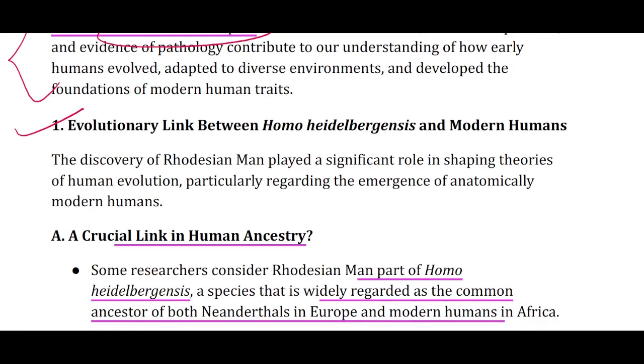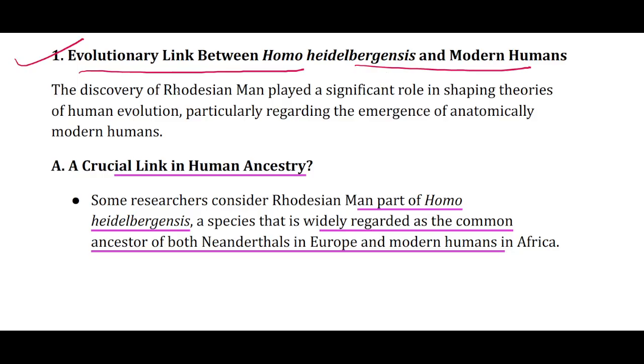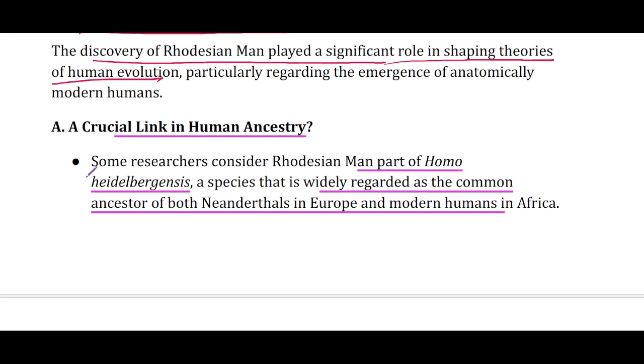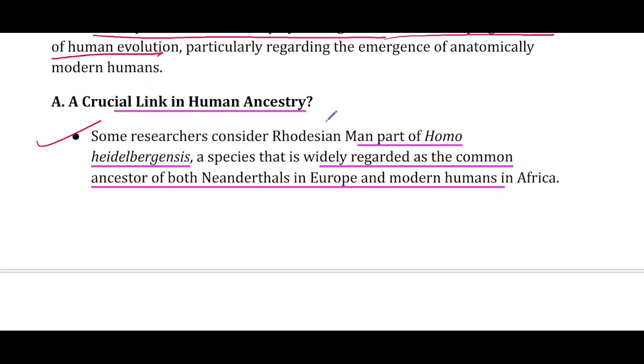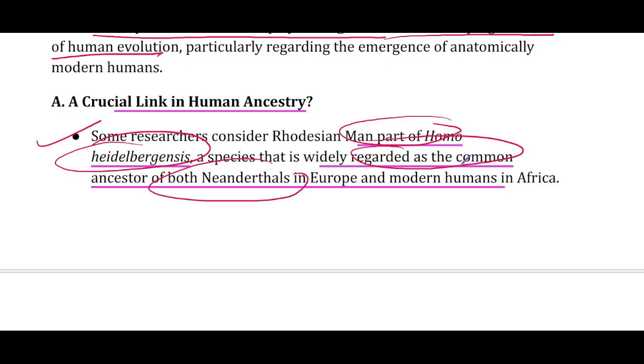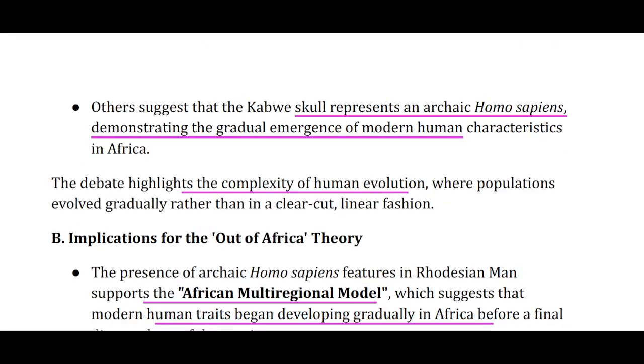So first, the evolutionary link between Homo heidelbergensis and modern humans. The discovery of Rhodesian man played a significant role in shaping theories on human evolution. Some researchers consider Rhodesian man a part of Homo heidelbergensis, a species that is widely regarded as the common ancestor of both Neanderthals and modern humans in Africa.